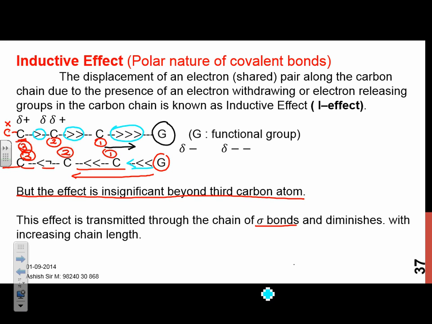Here there are 3 arrows, then 2 and then 1. As you move away from the group, this force of either releasing or withdrawing electrons decreases. That's called diminishes. The first meaning is that it slowly decreases, and the second meaning is that it ends after the third carbon atom. Diminishes मतलब खत्म हो गया, with increasing chain.